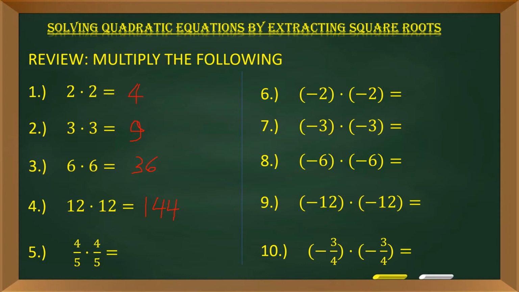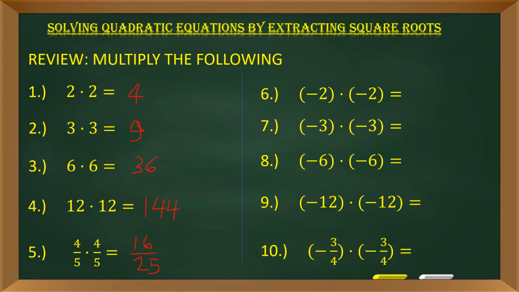And 4/5 times itself, 4/5. When you multiply fractions, of course, you multiply the numerators first separately from the product of the denominators. So 5 times 5 is 25.